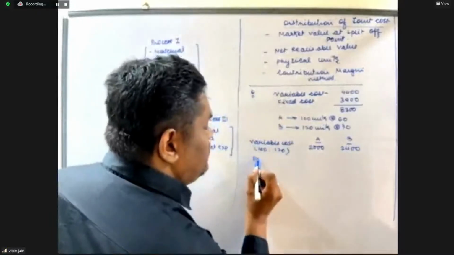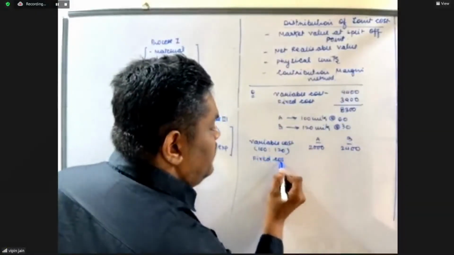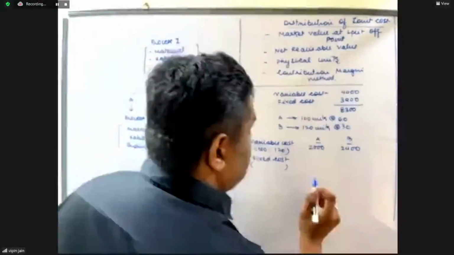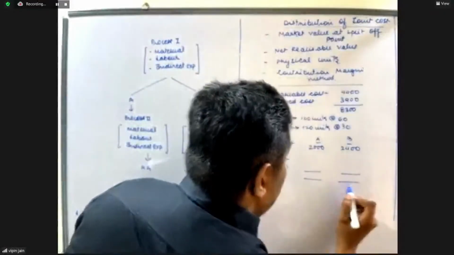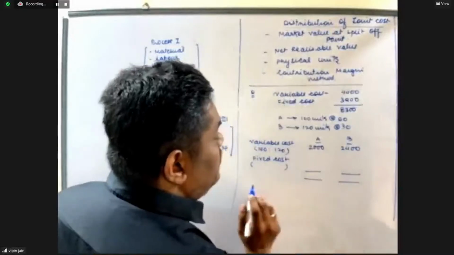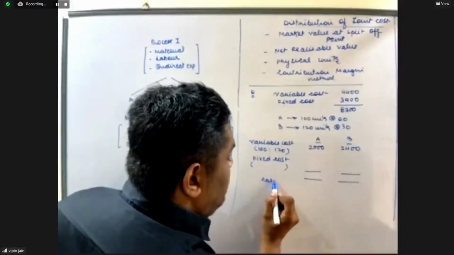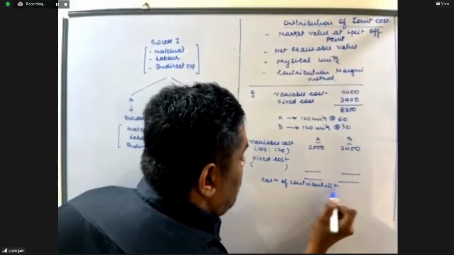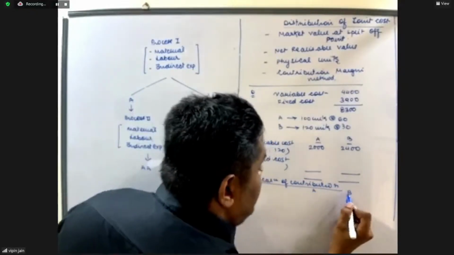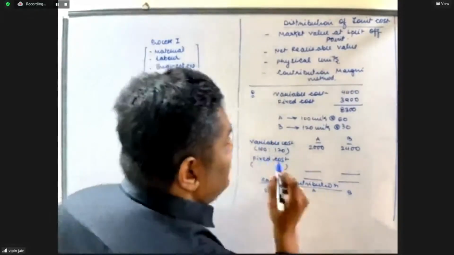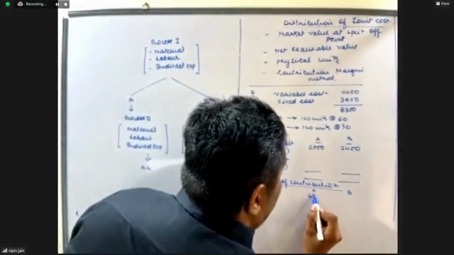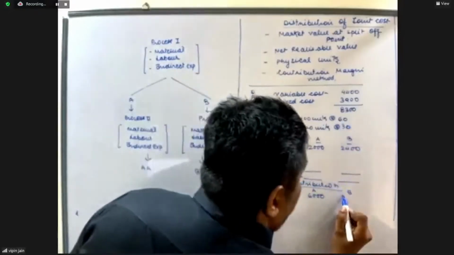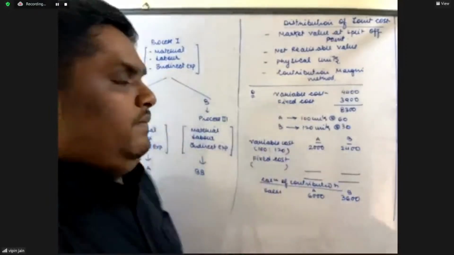Now, when talking about fixed cost, we need to calculate the contribution. So, calculation of contribution for A and B. My sales value of A is 6,000 and B is 3,600.